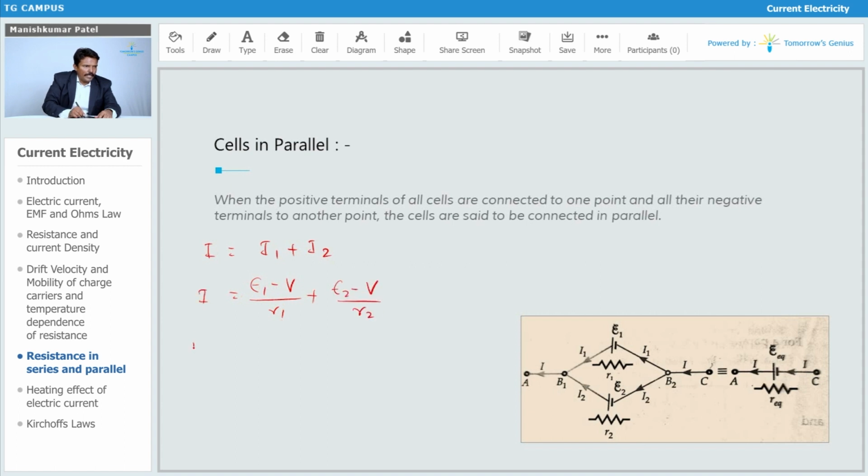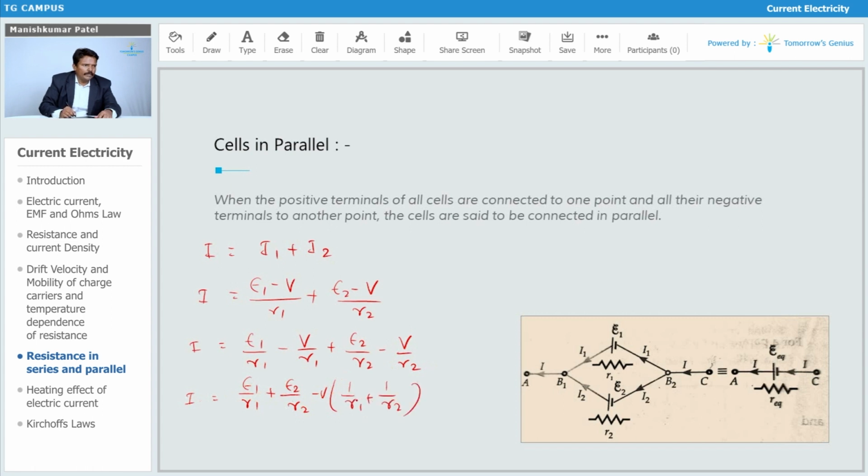This is E1 by R1 minus V by R1, plus E2 by R2 minus V by R2. Taking V common, we get E1 by R1 plus E2 by R2 minus V times (1 by R1 plus 1 by R2).